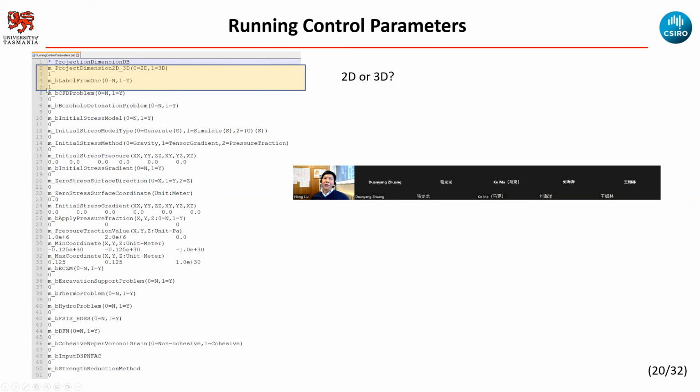For convenience, if we have 1, that means the element or node numbering starts from 1. If we give 0, that means the element number or node number starts from 0. So this controls the lower bound of the array.